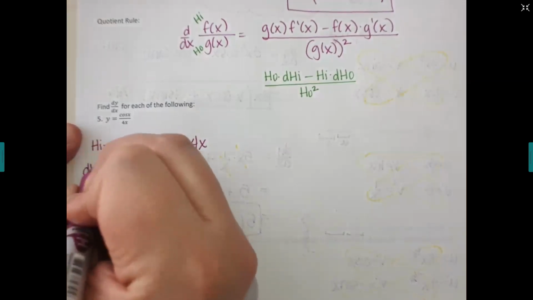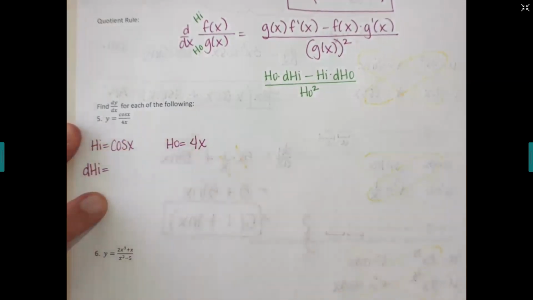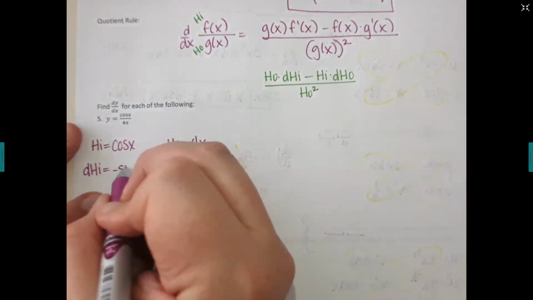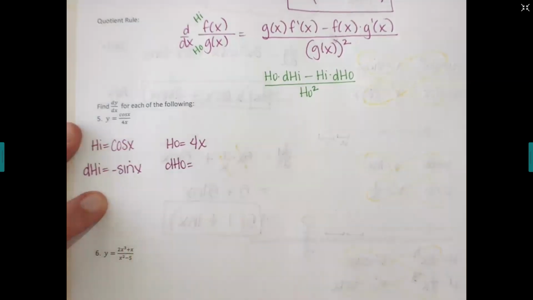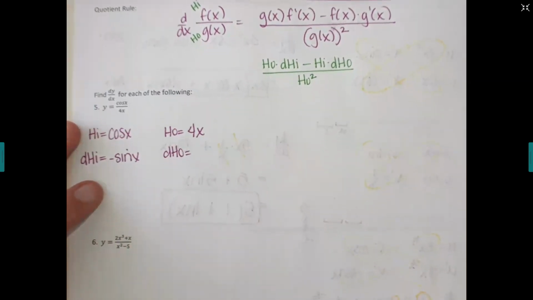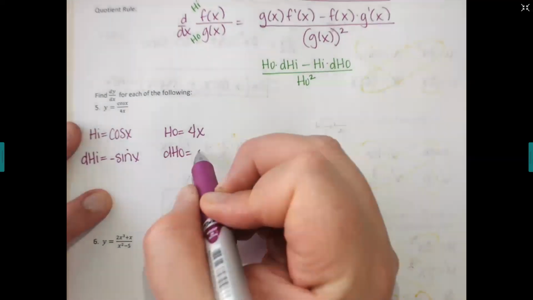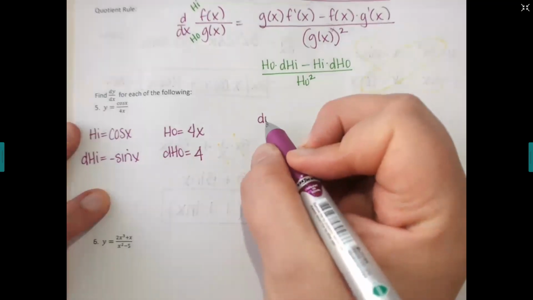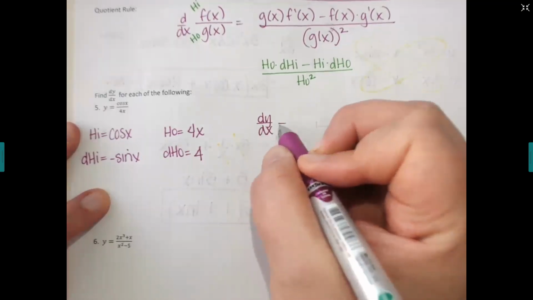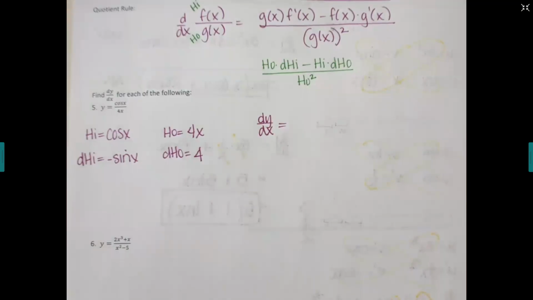So d high is the derivative of cosine. We remember what that is? Negative sine x, right? And then d ho is the derivative of 4x, which would be what? 4.